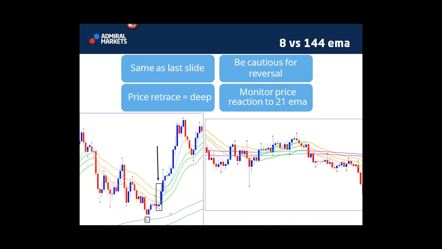And the same technique can be used with the 8 EMA, basically. We have an example right here where the 8 EMA turns. The only thing you've got to be careful of is that price rather quickly continues back into the direction of the trend. If it has any struggle, like here, with breaking the 21 EMA, then you've got some trouble on your hands.